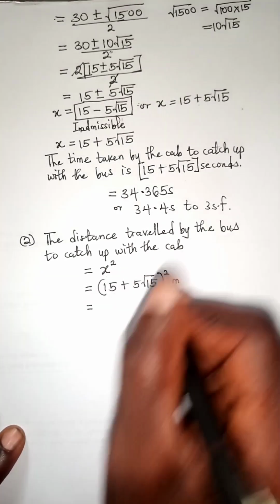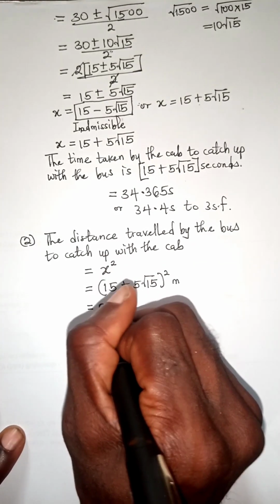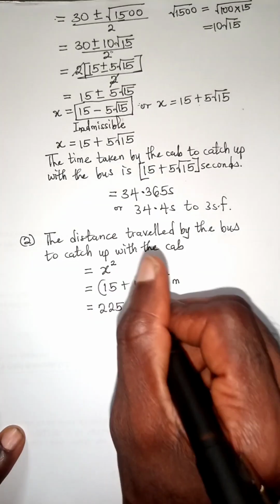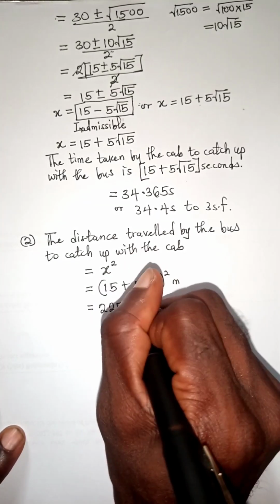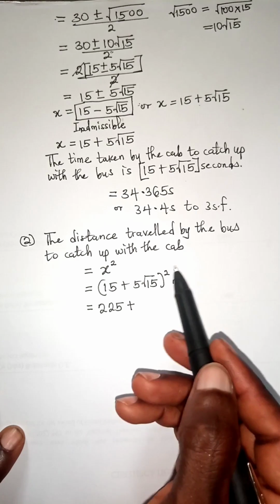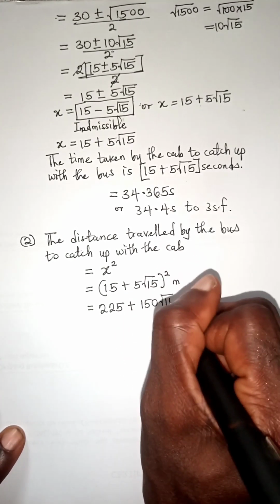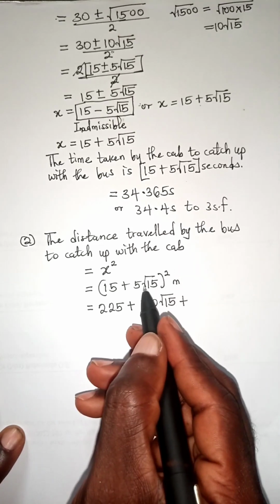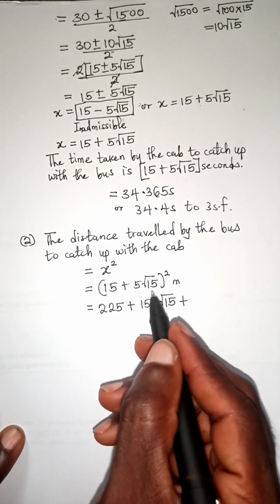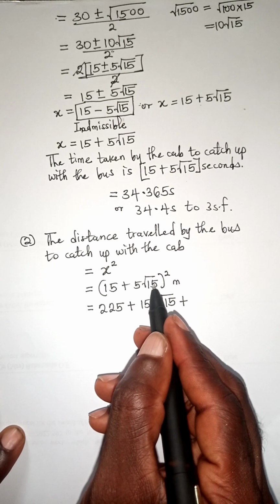And that, when we expand this, is going to be 225 for 15 squared, plus 2 times 15 is 30, times 5 root 15, that is 150 root 15, and plus, when we square this one, the square of 5 is 25, and the square of the square root of 15 is 15.